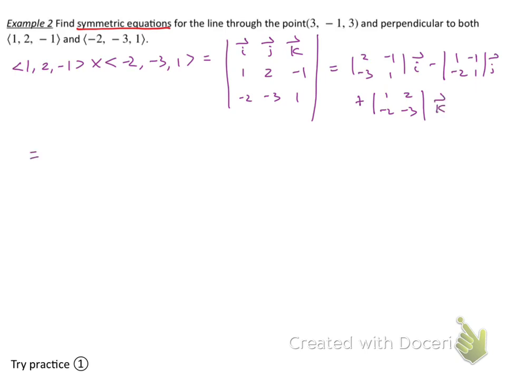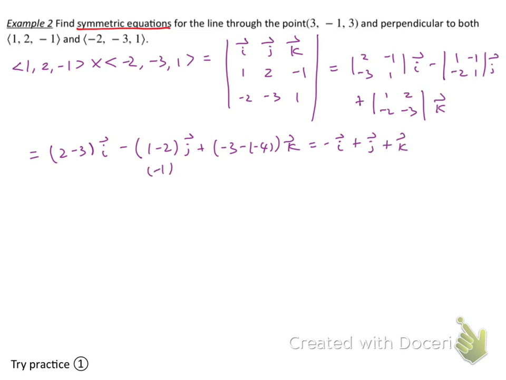I will have (2 - 3) i, minus (1 - 2) j, plus (-3 - (-4)) k, and that is -i + j + k, which has direction (-1, 1, 1).